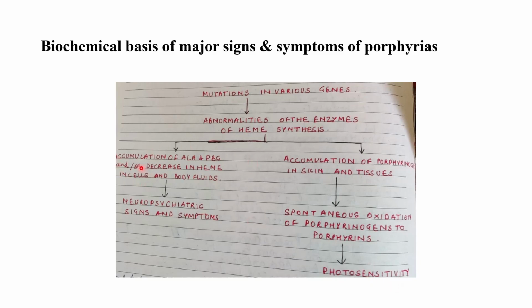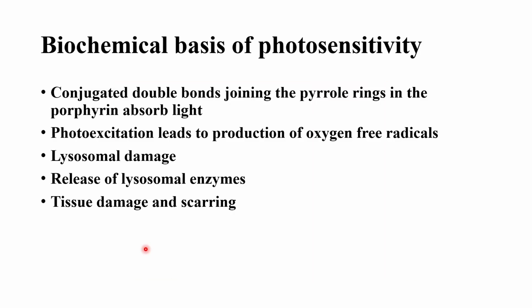Again, accumulation of ALA and PBG, that is aminolevulinic acid and porphobilinogen, and or decrease in heme, in cells and body fluids, is the cause of neuropsychiatric signs and symptoms.